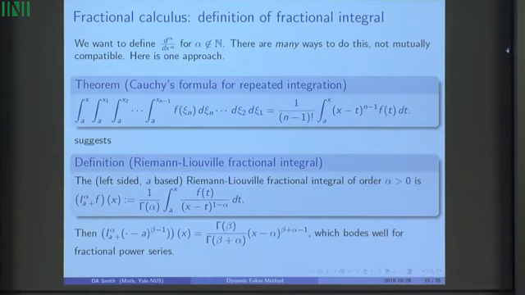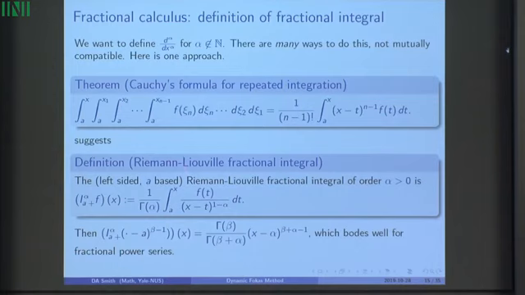It turns out that it tends to be easier to define a fractional integral first, and that's essentially because you have a guiding principle in the Cauchy's formula for repeated integration, right? So that you can write lots of successive integrals as just one integral. So that suggests that maybe you should define a fractional integral of order positive real alpha like this.